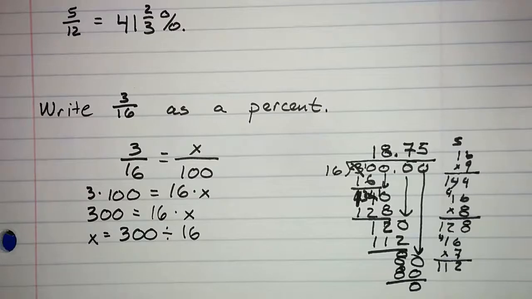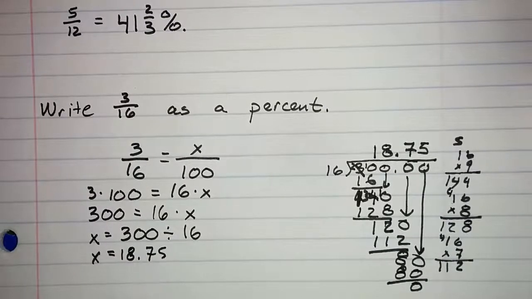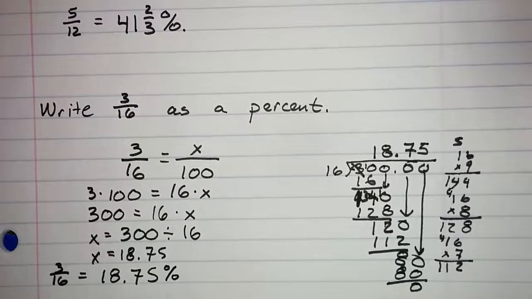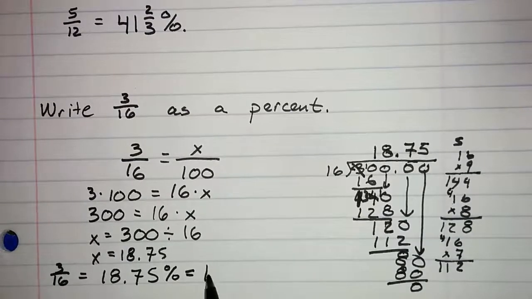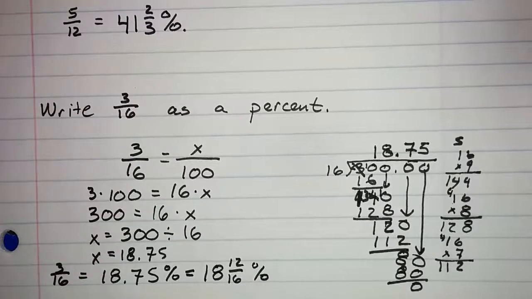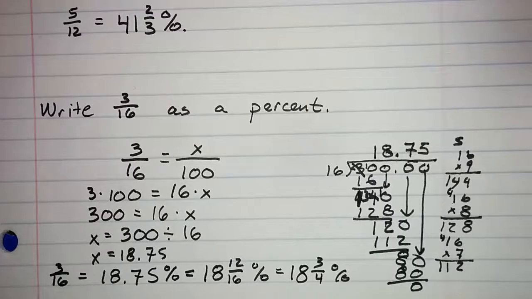Nothing left, so we're finished. X is 18.75. So 3/16 is 18.75%. If you stopped doing long division, you would have gotten 18 and 12/16%. Or if you'd simplified that fraction, you would have had 18 and 3/4%. Any of these three answers is correct.